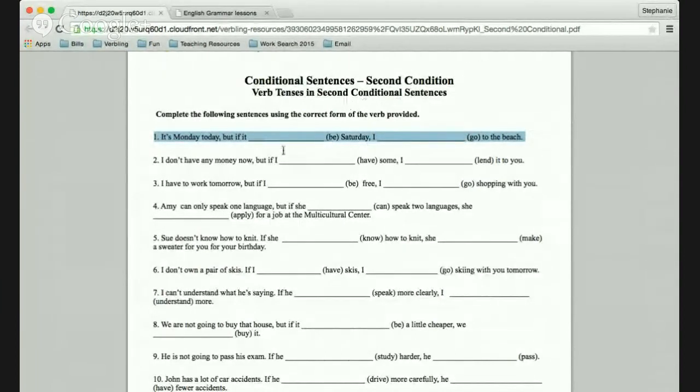So again, in your if clause, you'll use basically the simple past. And in your main clause, the modal would with the base form. So I'll do number one as an example. It's Monday today, but if it were Saturday, I would go to the beach.